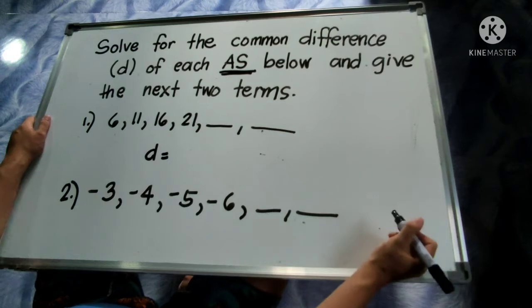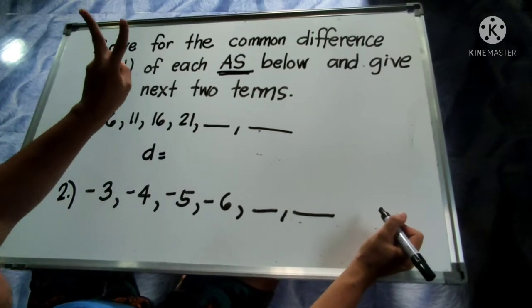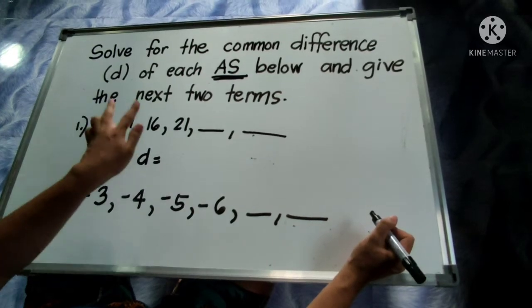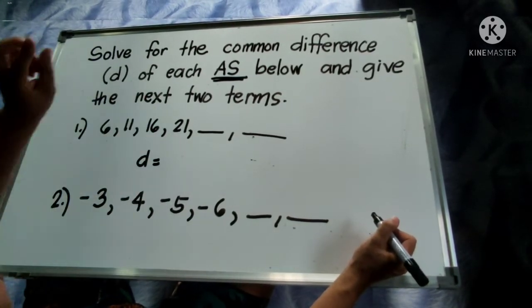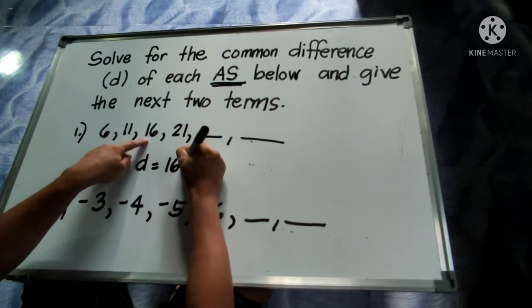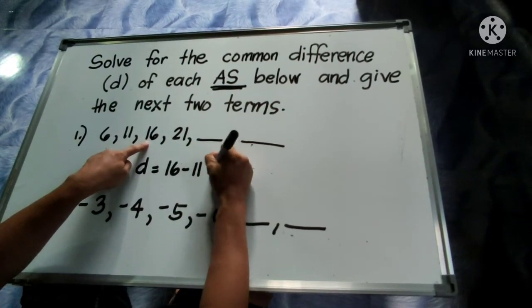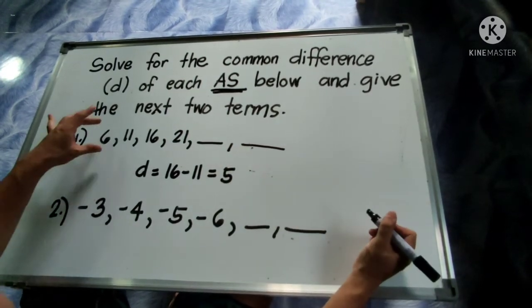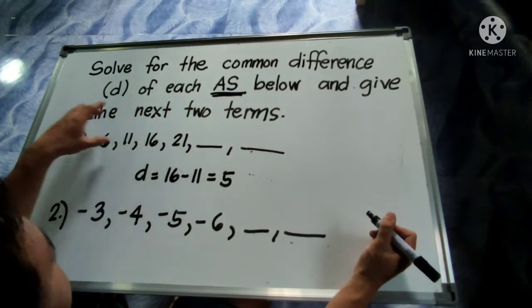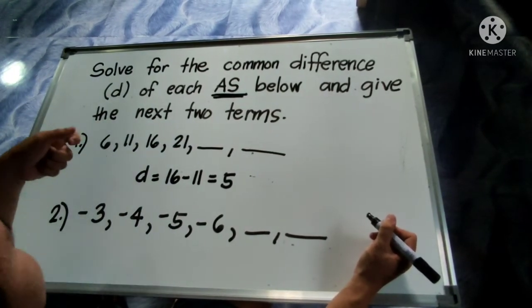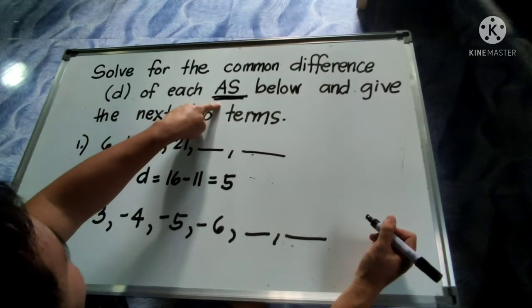So how will you get a common difference D? Diretso na. Just choose any 2 consecutive terms. Let's say you'll choose 16. So 16 minus 11 is equal to 5. There's no need to solve for all the differences, because it is already given that it is an arithmetic sequence.